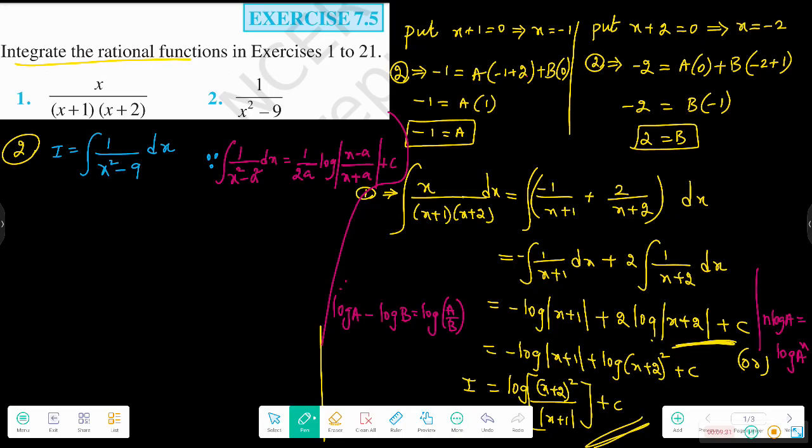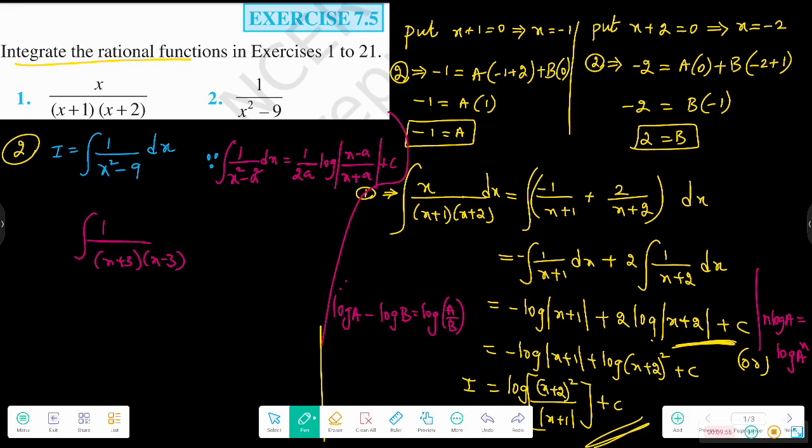I gave it already. Either go by this, or else by partial fractions: integral 1 divided by 3 square, you can write, so that you will get x plus 3 into x minus 3. If you go with a lot of steps, the final answer you will get in this format. Or we can go directly with the formula.